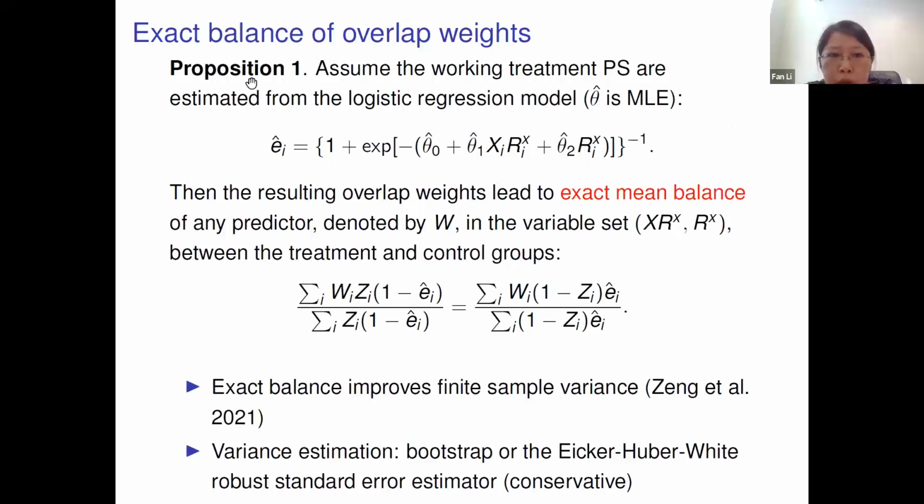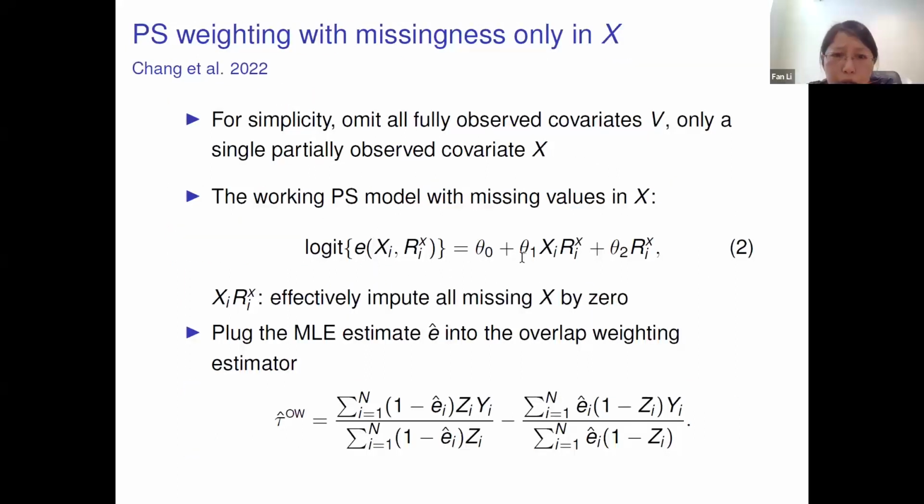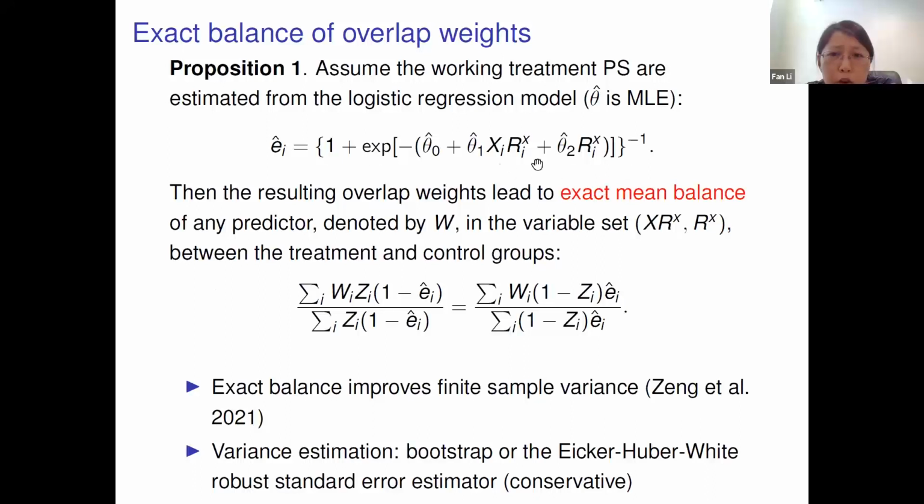So why I want to use overlap weights is because you can pretty easily show that the working propensity score estimated from this working propensity score model, if you use MLE, the resulting overlap weights can lead to exact mean balance of any indicator, both the missing indicators and also the partially zero-imputed covariates.